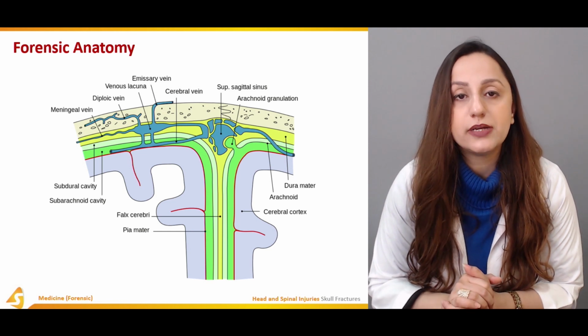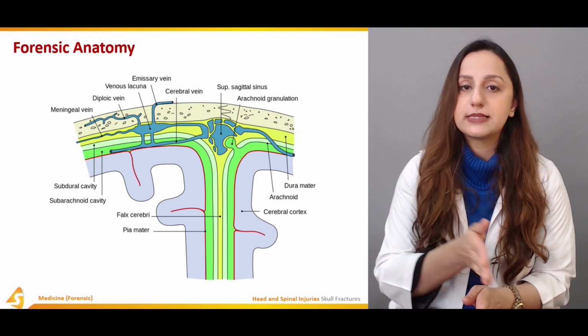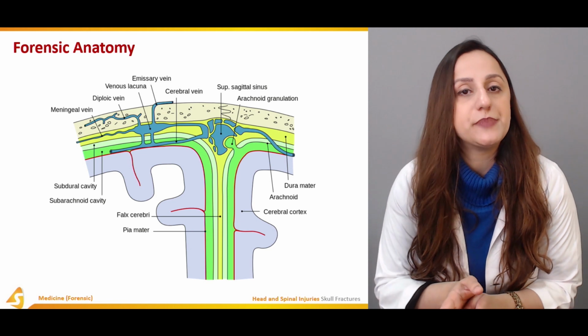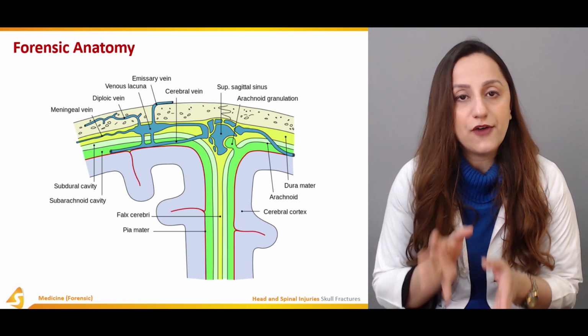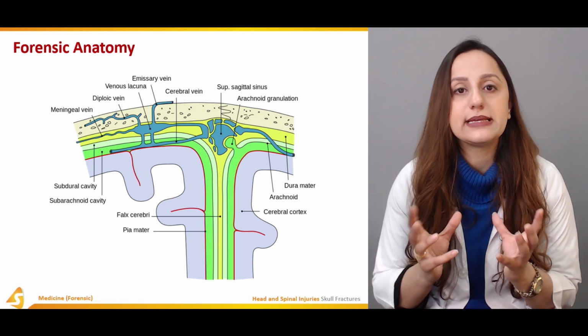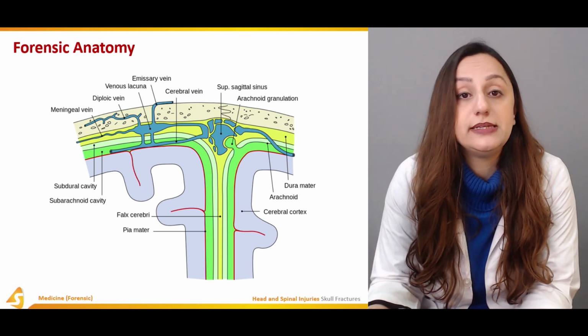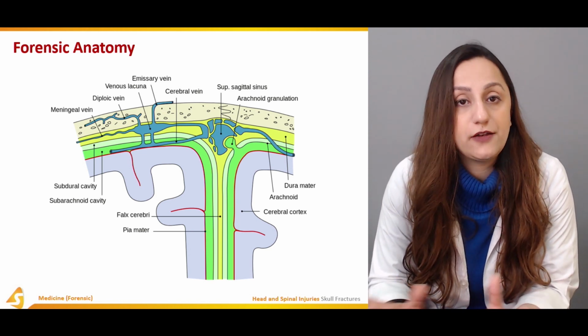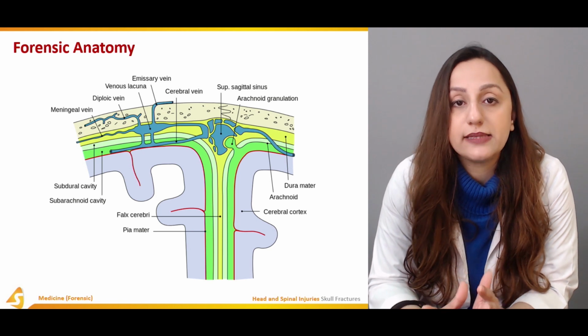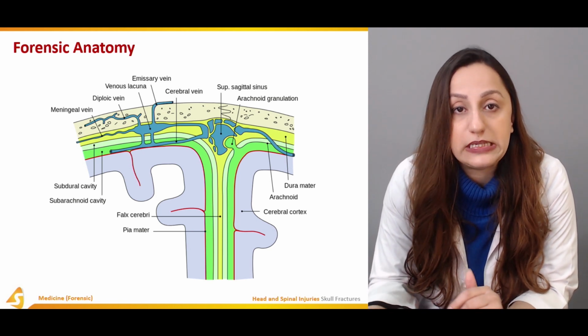If there is a skull fracture, all of these structures can be damaged collaterally. So we have to keep all these things in mind whenever we are dealing with any patient of skull fracture and trying to decide the type of treatment modalities he may need.